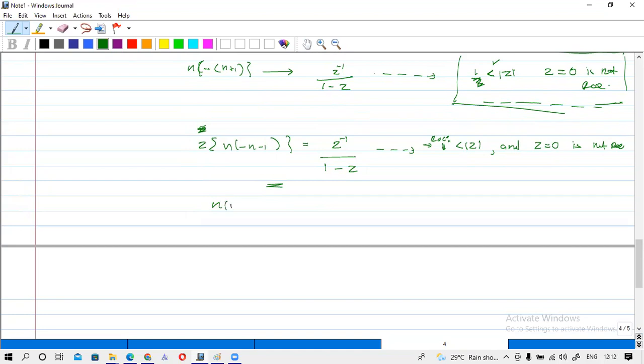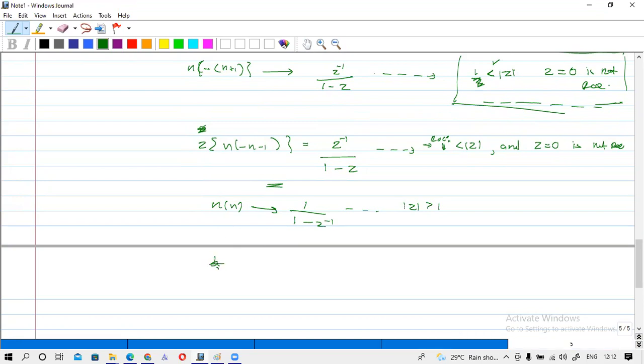So you have u[n], that is 1 by 1 minus z to the power minus 1, and the ROC will be greater than 1. Here instead of u[n] you have a^n u[n]. Here it is (1/2)^n u[n], and this z also will be scaled by half. So instead of this z you have to put half z.